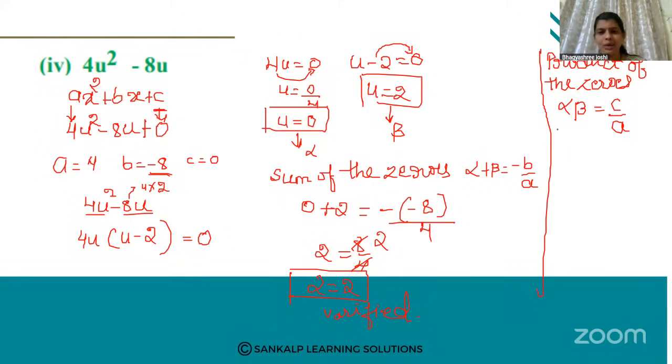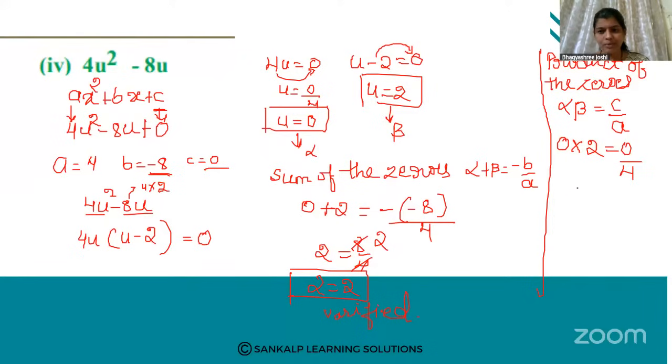Now, what is the value of alpha? Alpha value is 0, right? 0 into beta value 2 is equal to c value. C value is 0 here divided by a value is 4.